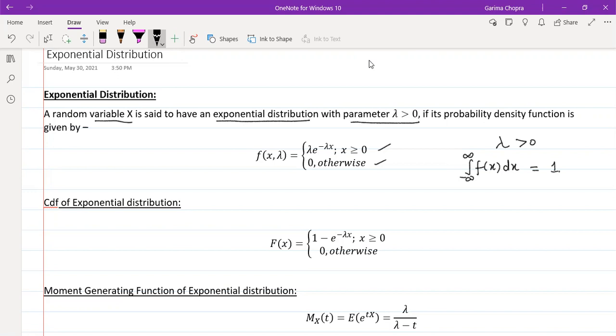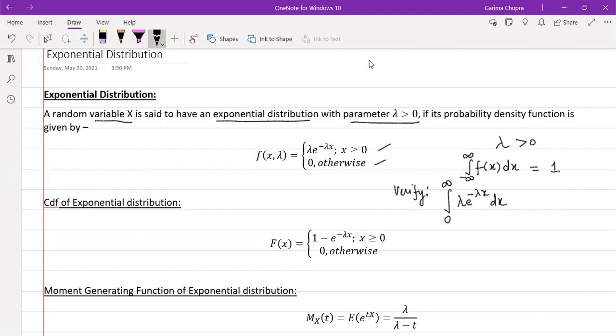If we verify this property of the probability density function, we have to integrate from minus infinity to infinity, but as per the definition of this probability density function, these limits reduce to 0 to infinity, because only within this interval is this function non-zero. The value which this function f assumes is lambda e raised to power minus lambda x dx.